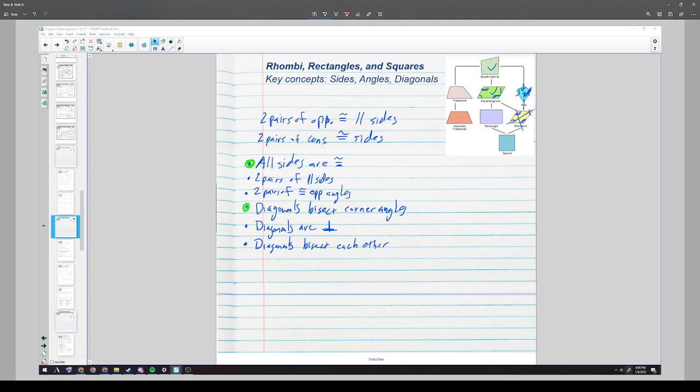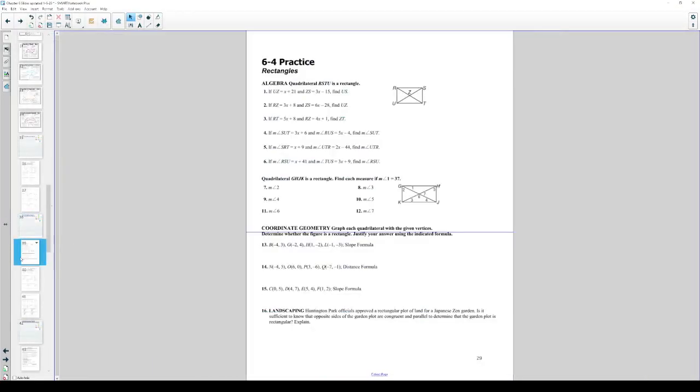Everything else here is just a carryover from the parent shapes, so these are all repeat properties. The two that are really new and only show up once we get to a rhombus are these two. All right, so those are our properties. Let's look at how we can do some problems with this information.